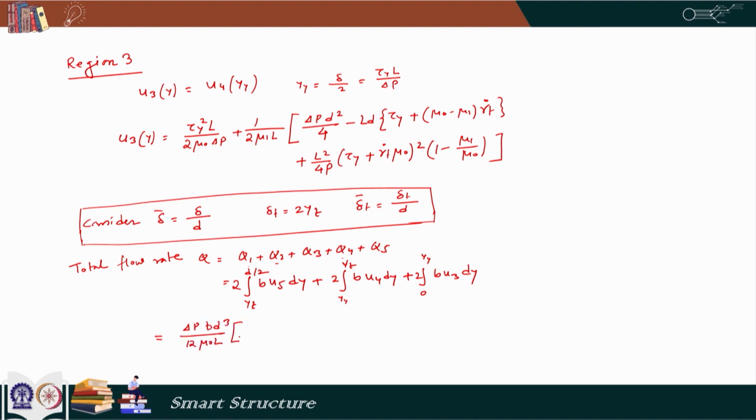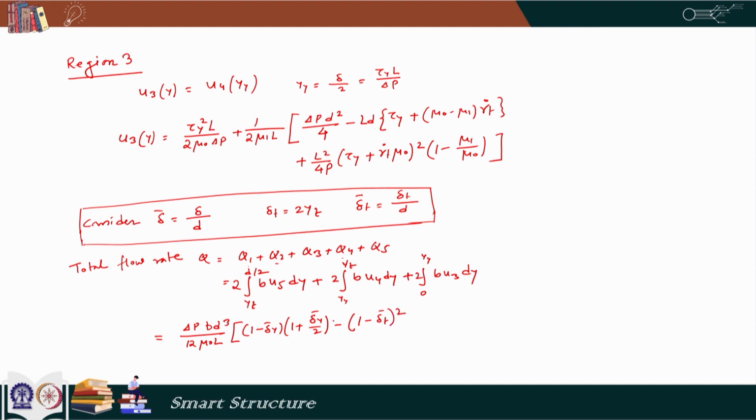mu 0 L, then 1 minus delta bar y multiplied by 1 plus delta y bar by 2 minus 1 minus delta t square.